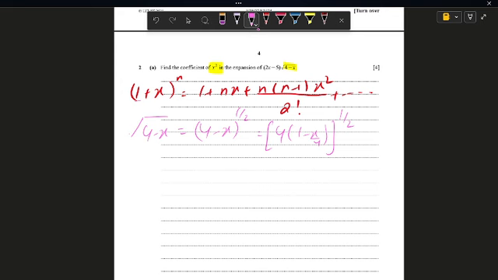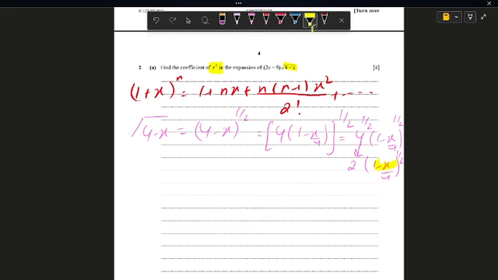Now I will expand these brackets so that I can open in a specific form. That would be written as 4 to the power 1 half and (1 − x by 4) to the power 1 half. 4 under root is basically 2, and that could be written as 2 times (1 − x by 4) to the power 1 half.